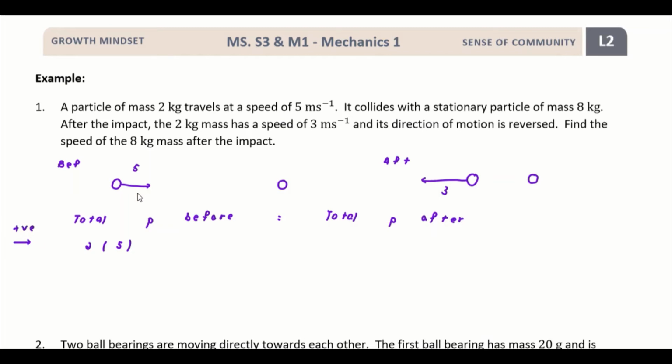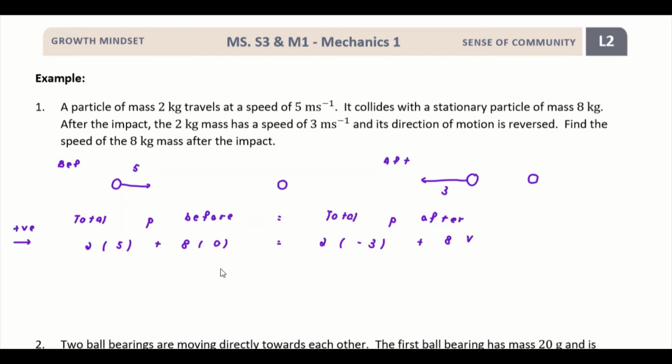Okay, so 2 × 5, and then this is stationary, right? So that's why it's going to be 8 times 0. Then equal to, how about the after? So you see this direction is in the opposite direction than the positive direction that we try to denote. So that's why it's going to be 2 kg and then negative 3. Okay, and then plus 8, and the v is what we want to find.